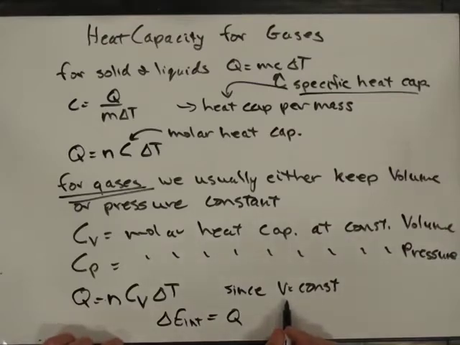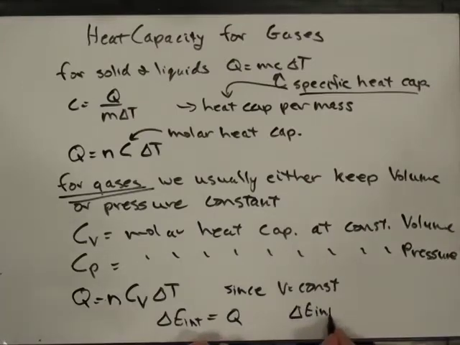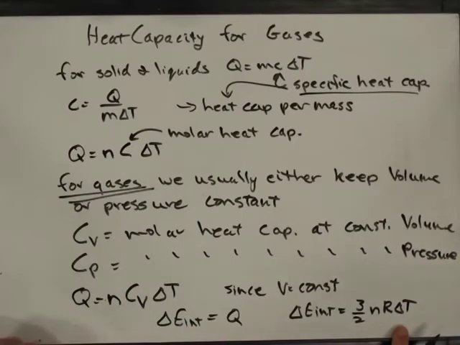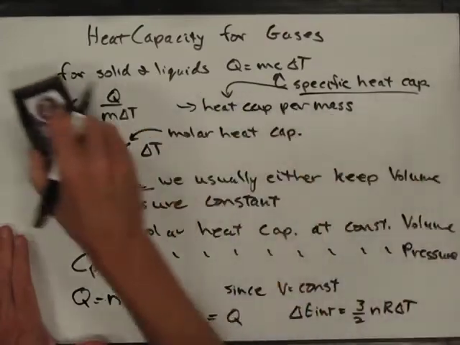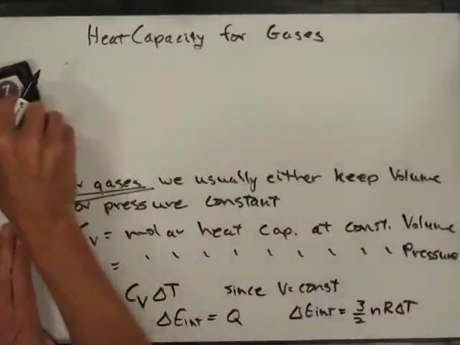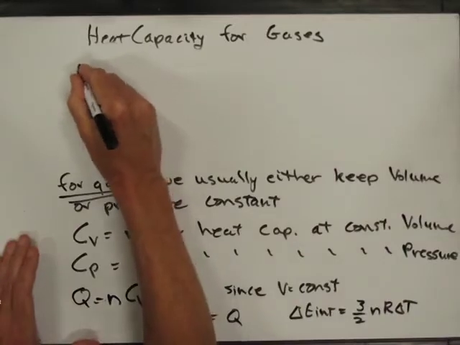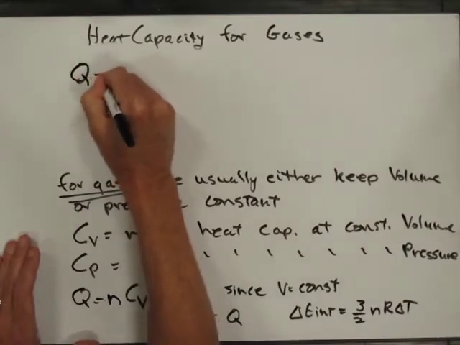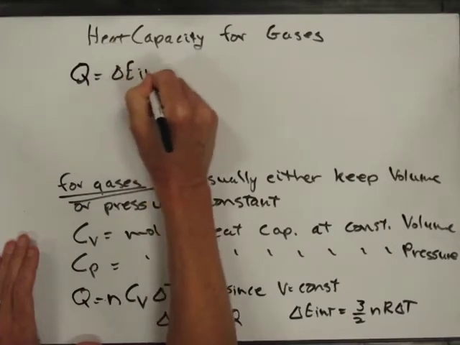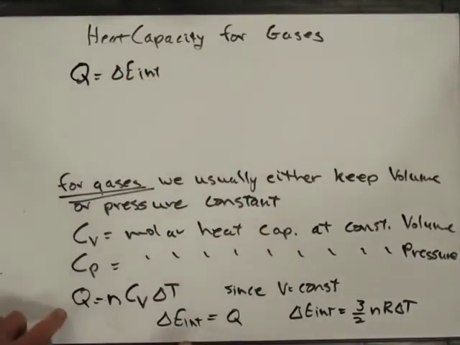Okay. And so if you remember, for a gas, the change in internal energy is equal to 3/2 nR delta T, right? That's what we calculated earlier. And so that means 3/2 nR delta T is equal to nCV delta T. So when you say Q is equal to the change in the internal energy, this is equal to that is equal to that.